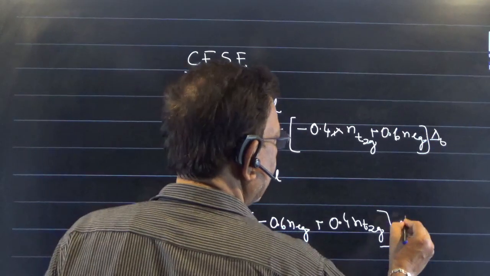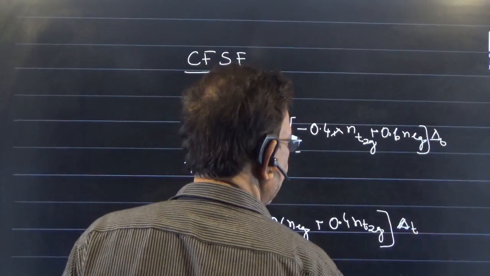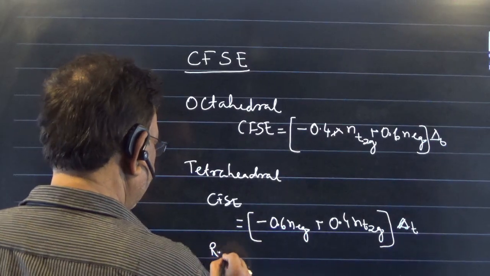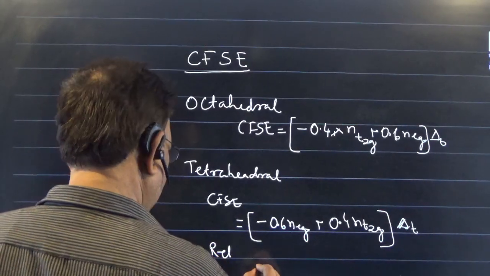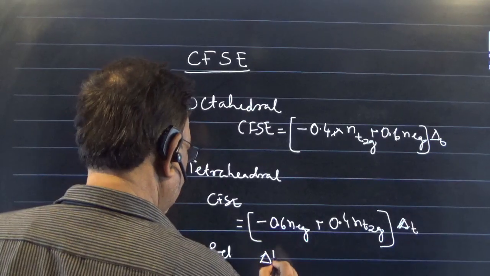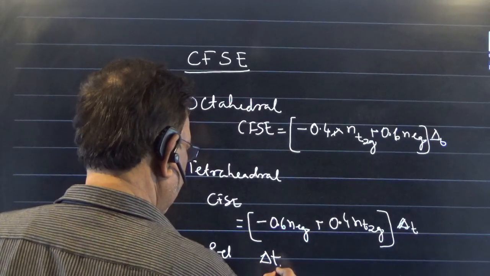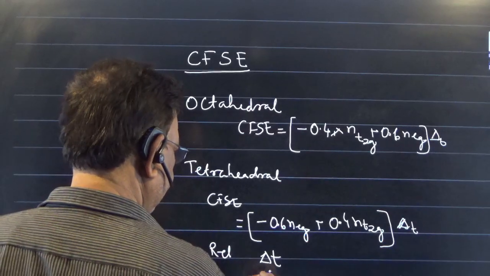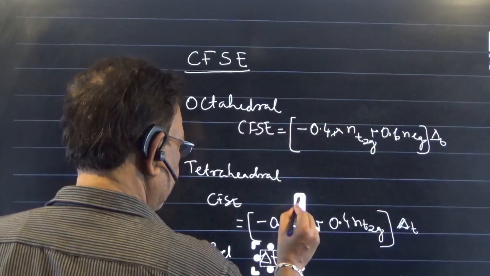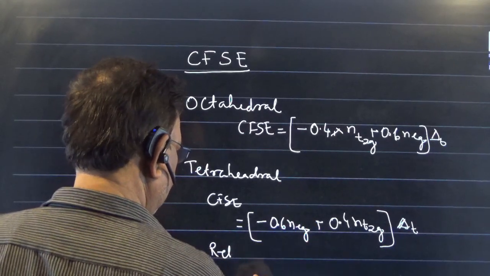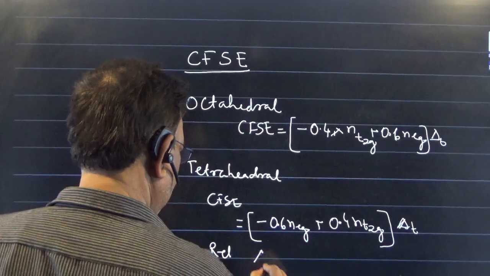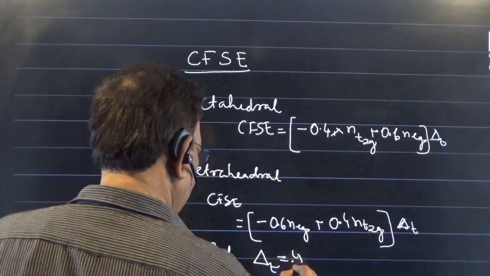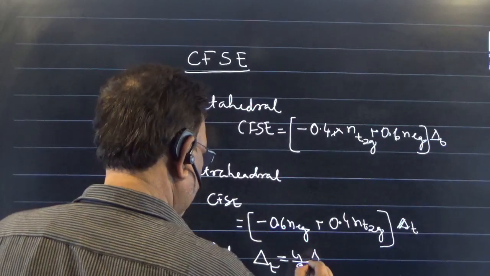This is your delta T, tetrahedral, and the relation is delta T tetrahedral is 4/9 of octahedral.